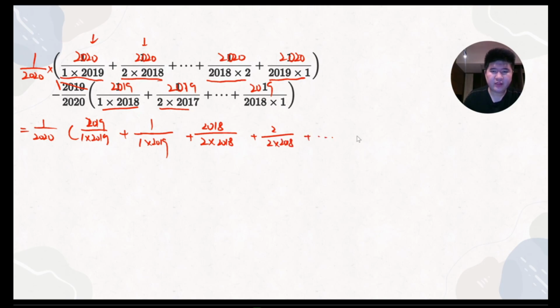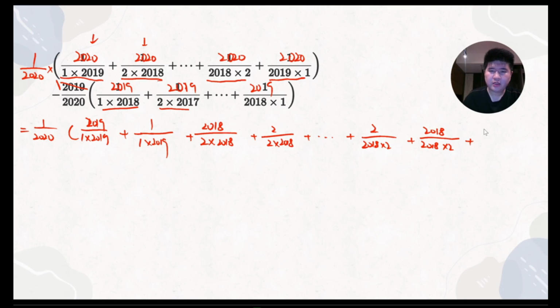And we keep doing that. We get 2002 over 2018 times 2 plus 2018 over 2018 times 2. We just split all of them.